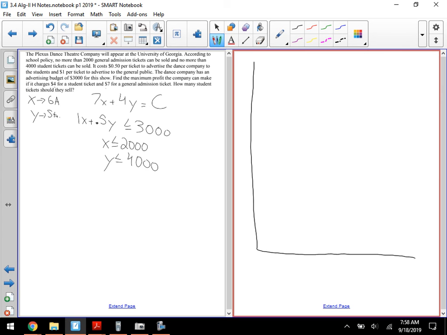Half of something is 3,000, therefore that y-intercept is at 6,000. Most people accidentally call it 1,500. So you have a y-intercept at 6,000, x-intercept at 3,000. Connect your dots. Inward or outward? Inward, good. So shade in.